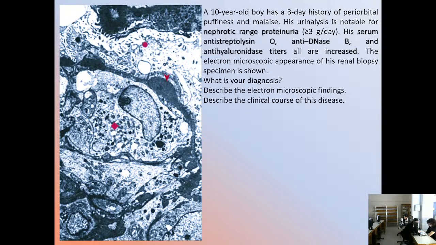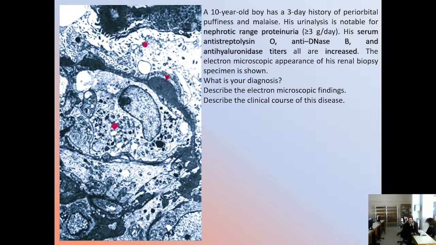And why is this important? Because next we'll see another immune-mediated glomerulopathy, membranous glomerulopathy. It will have deposits, but they will be subepithelial. What does this mean? This is the lumen of the capillary. This is the podocyte. What is under the foot processes of the podocytes is subepithelial.